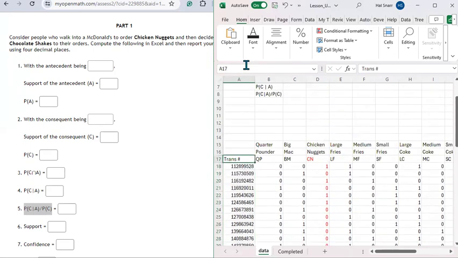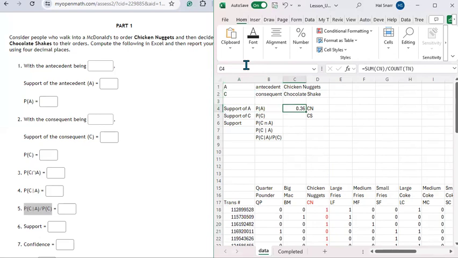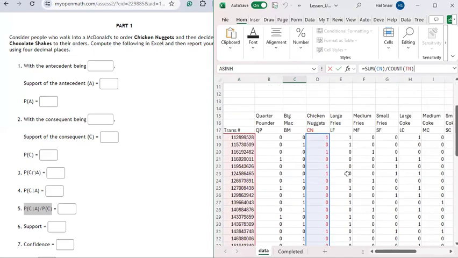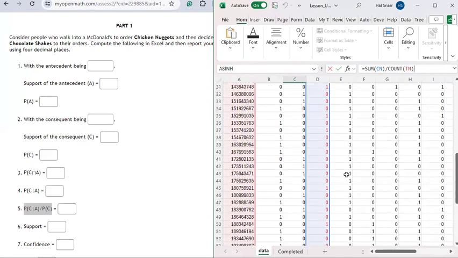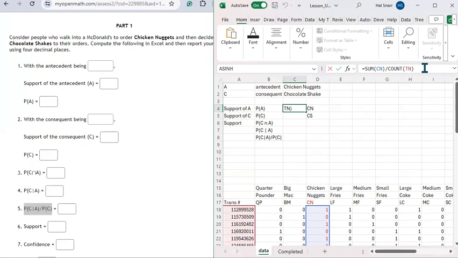Now, when I do that, I get 0.36. So we're summing ones and zeros, and we're dividing by 50 here. We had 50 transactions. Another name for this ratio is just the average. The average of the ones and zeros, this object named CN. So the marginal probability or support of A is 0.36.